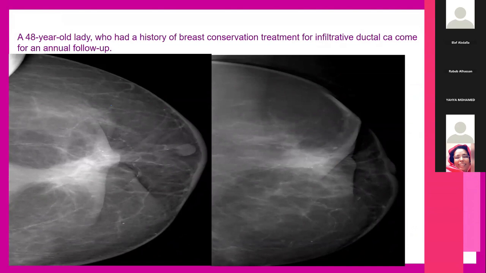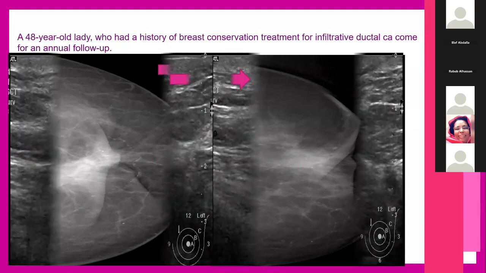And here we look at this case. Which one is first? If this is the first and this is the second, there is progression. But if this is the first and this is the second, so there is regression of skin edema as well as the asymmetry. Post-operative changes have been regressing, and that indicates regression of these findings, which is reassuring, and that is it.